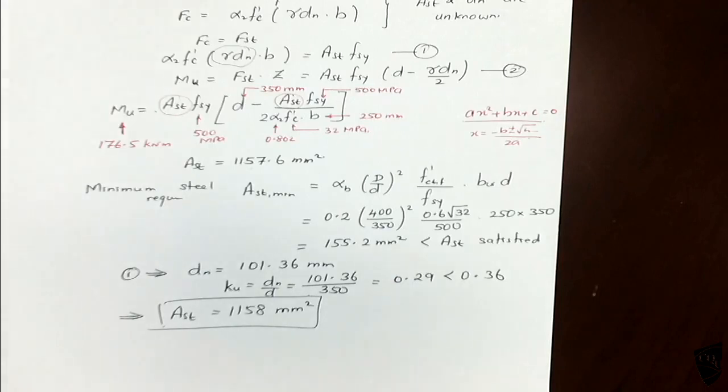You should know, if the AST is given, how to do the MU calculation, and if MU is given, how to find AST. Any questions?